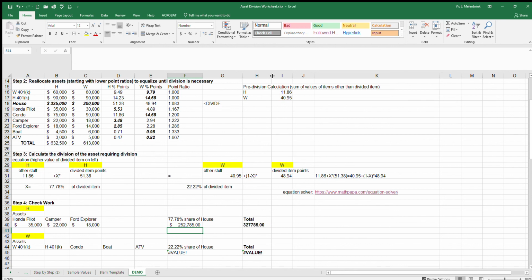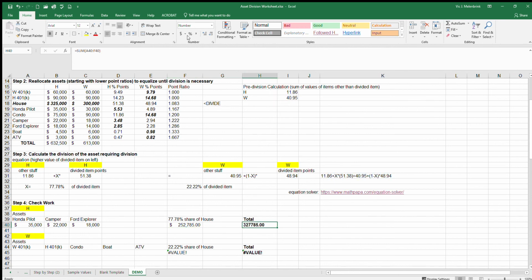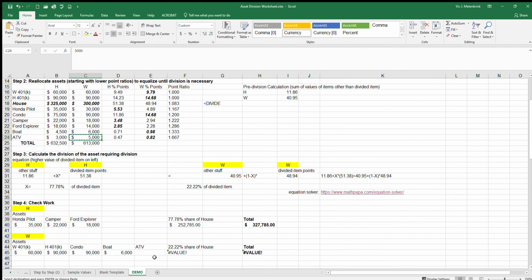Now let's do the same thing for the wife's side. Change that to $. On the wife's side, we need to put the assets in here. So we're using her valuations in the W column. $60,000 for her 401k, $90,000 for his 401k, $90,000 for the condo, $6,000 for the boat, $5,000 for the ATV.